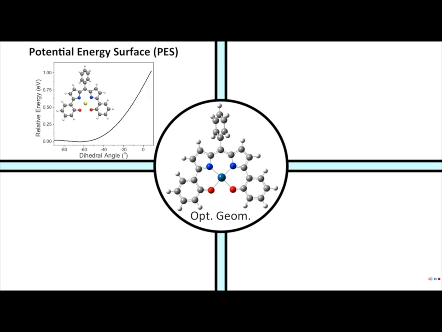For example, in this case, the aryl ring on the top is changing its dihedral angle with respect to the main plane of the molecule, and rotating this angle, we get an energy either going down or up. So we get this potential surface, knowing how much different isomers differ, what the energy barrier is, what the energy difference is between different types of isomers with a dihedral angle like minus 60 degrees versus a completely planar structure, 0 angle for the dihedral angle in this case.